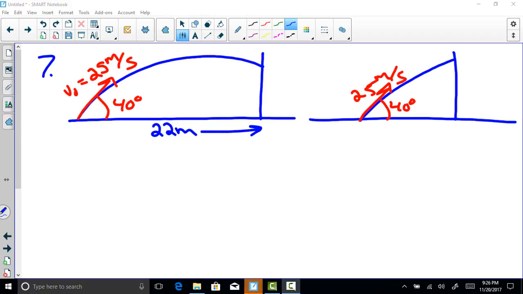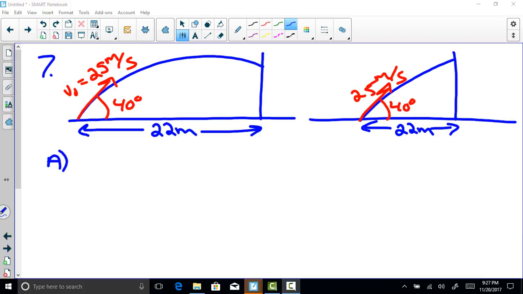So the wall is 22 meters, but again, this right here could also be the 22 meters. We don't know. One of the things we want to do for part A is find out how long the ball is in the air.